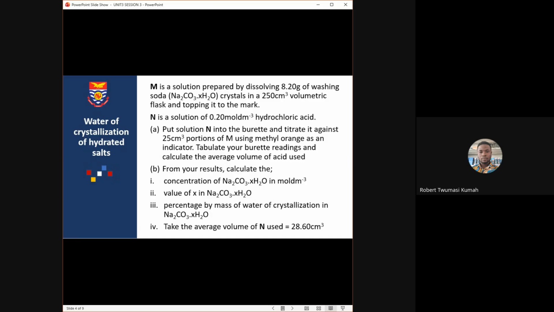So between these two, M and N, which one is our titrant? Which one is our analyte? Yes, George. Sir, based on what you said, this one M, the sodium carbonate, I think that one is the titrant.